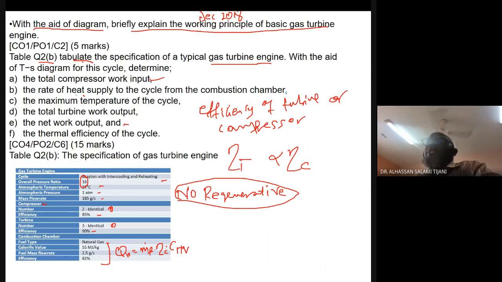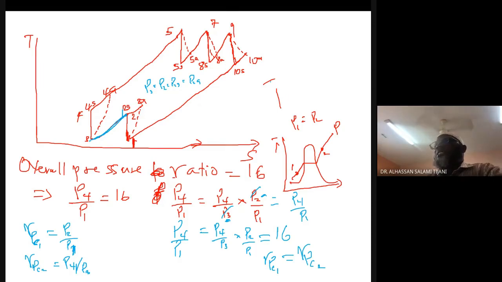Okay. So now, if we have to determine the total work of the compressor, if they say we should find the total work input to the compressor, then it means they want us to find this WA for compressor number 1, and also WA for compressor number 2.